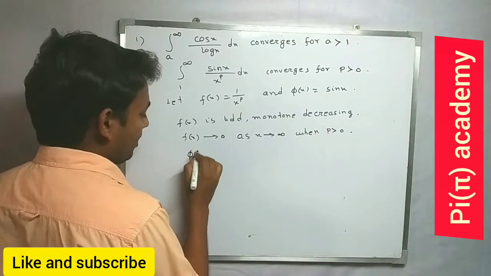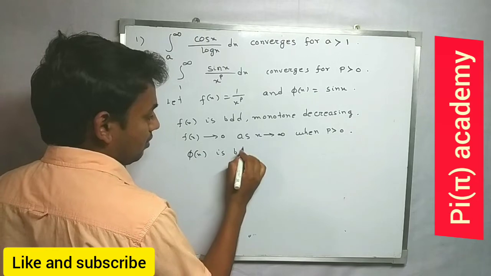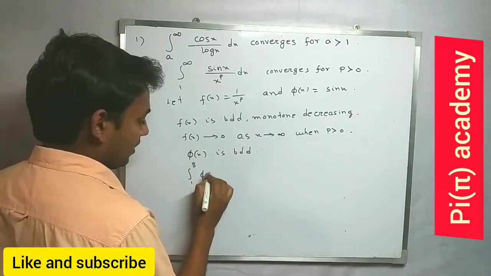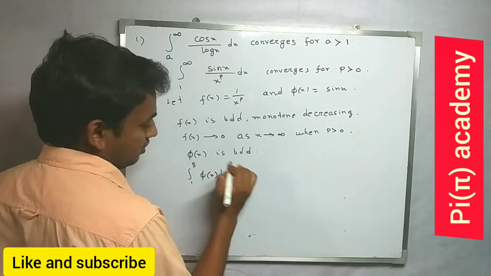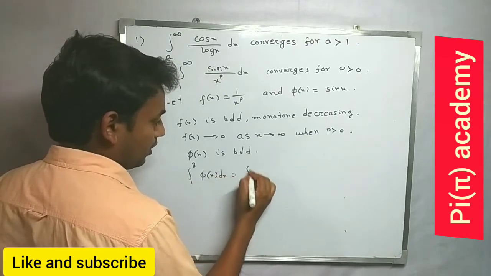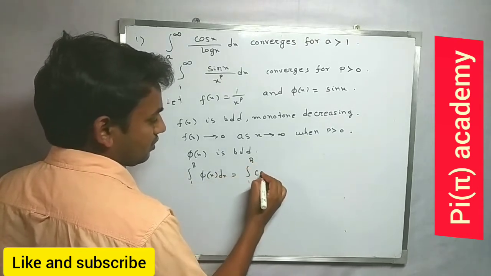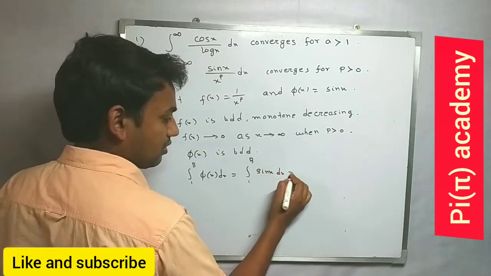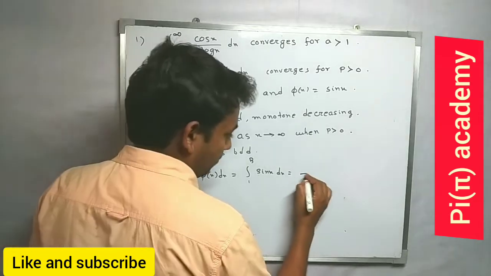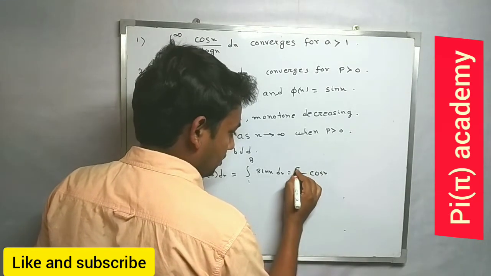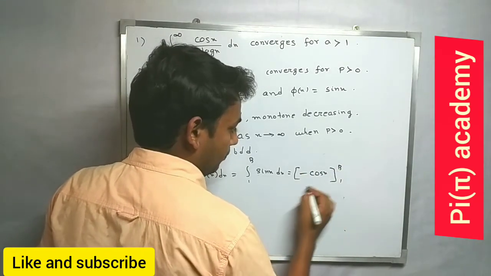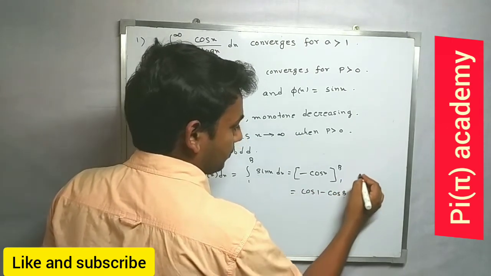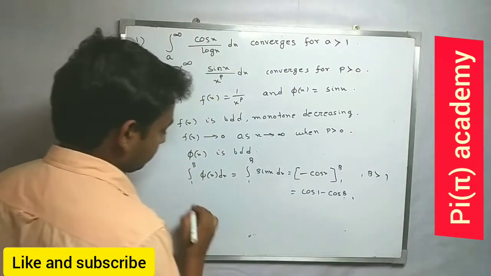And also phi(x) is bounded, since the integral from 1 to b of phi(x) dx, where phi(x) is sin x, is minus cos x from 1 to b, that is cos 1 minus cos b, where b is greater than 1.